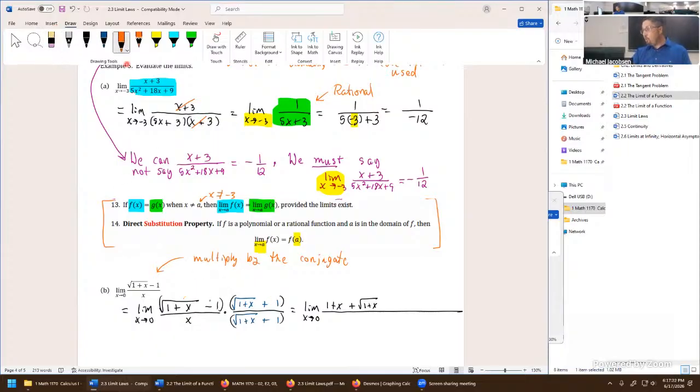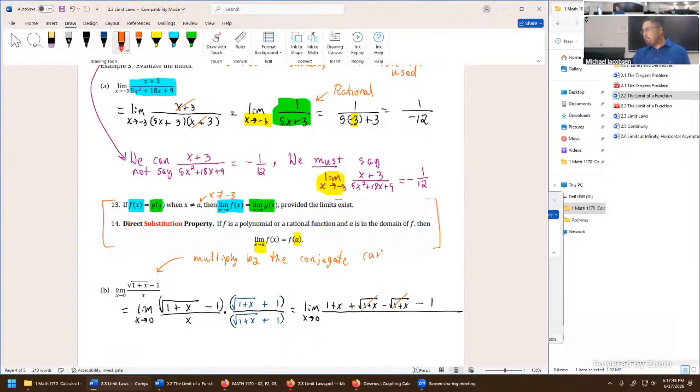Now we're distributing negative 1 into the next group through the FOIL method. This will be minus root 1 plus x. And lastly, negative 1 times positive 1, for just a minus 1. So, as promised, the middle two terms are completely nullified.